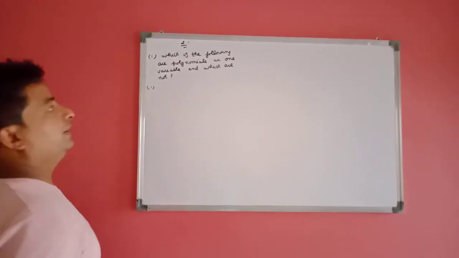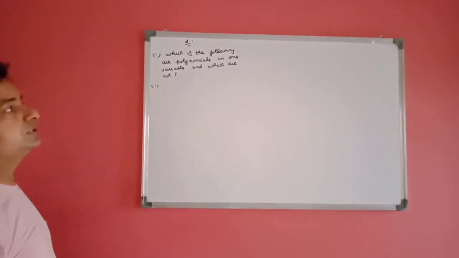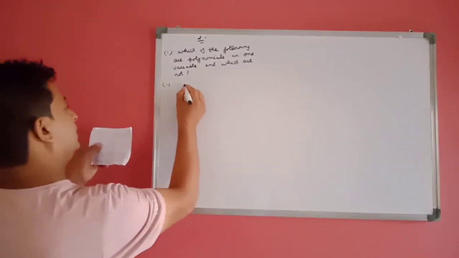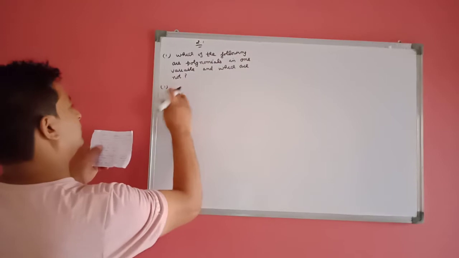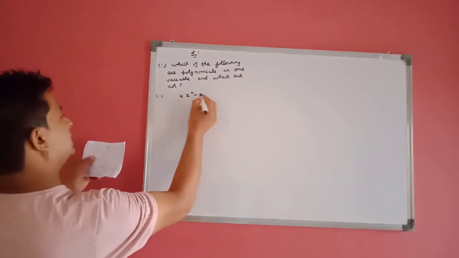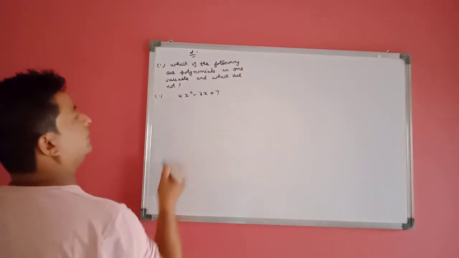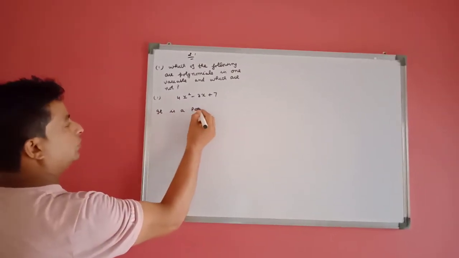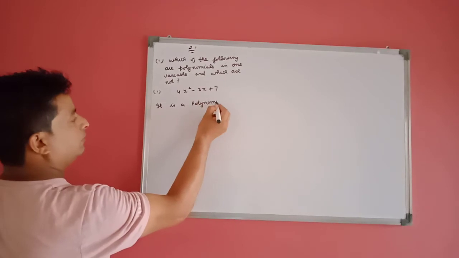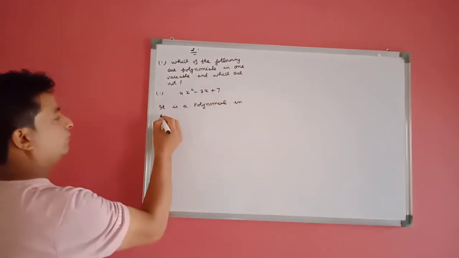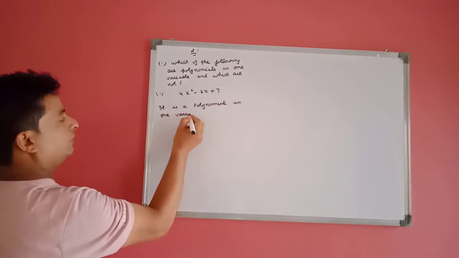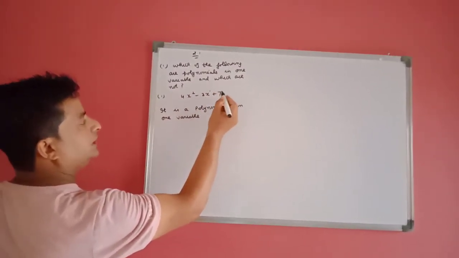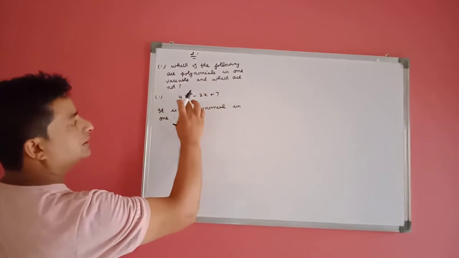Exercise 2.1. Question number 1: which of the following are polynomials in one variable and which are not. The first part is 4x square minus 3x plus 7. It is a polynomial in one variable because the exponents of this polynomial are whole numbers.